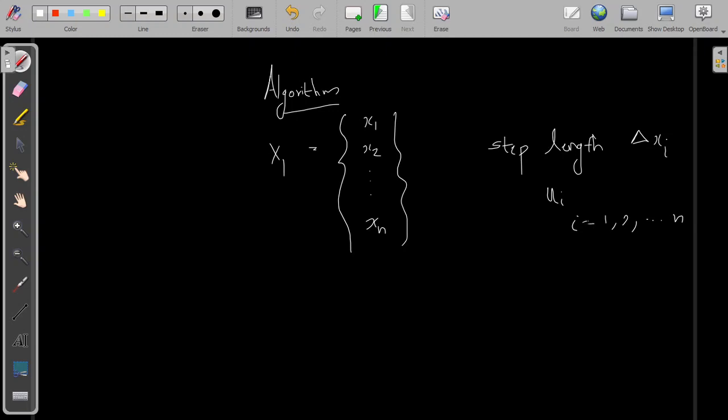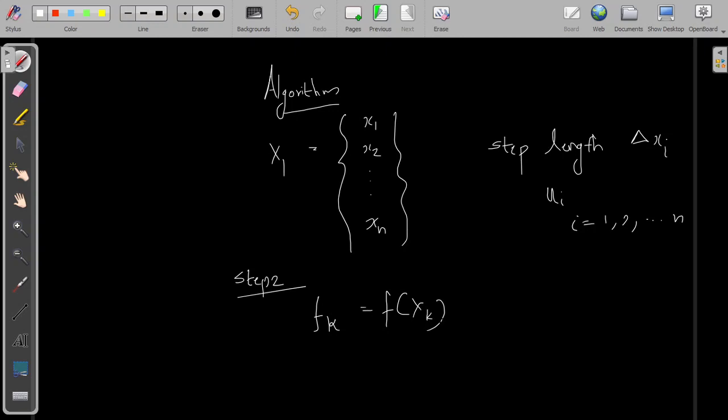Okay, then in the next step, that is step 2, we will compute fk equal to f of xk.